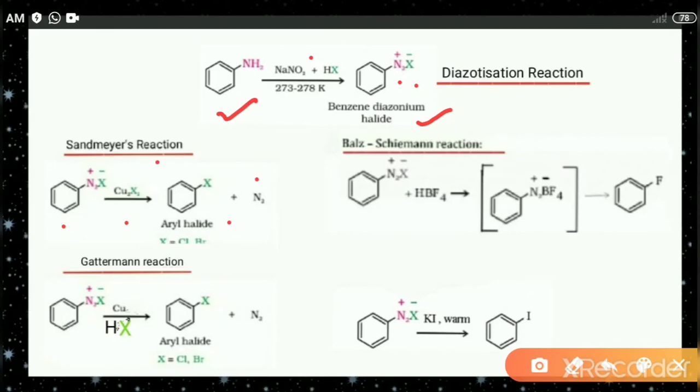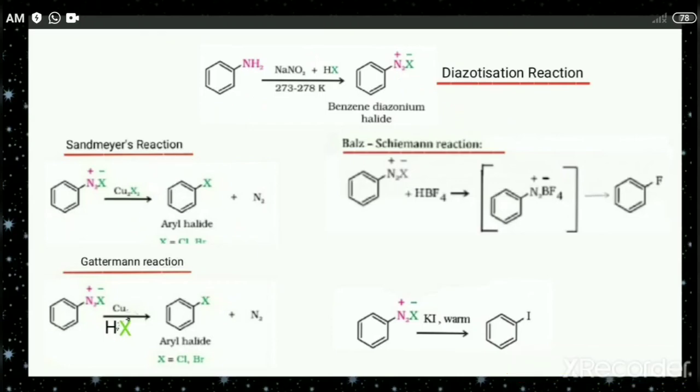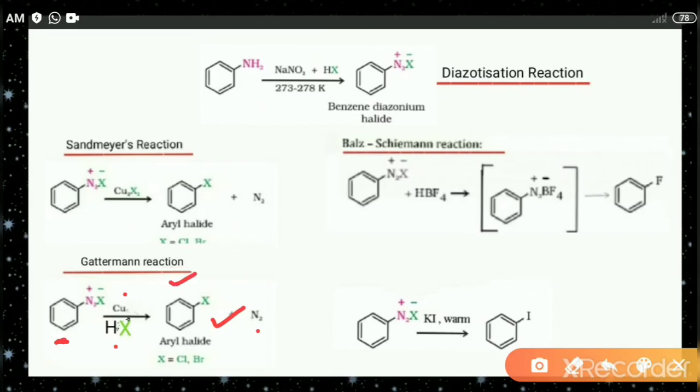This reaction is called Sandmeyer's reaction. In the next reaction, benzene diazonium chloride is treated with Cu, that is copper, and HX. We get an aryl halide, where X can be Cl and Br. Here also N2 is a side product. This reaction is called the Gattermann reaction.